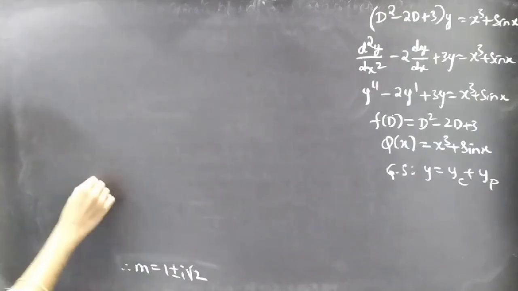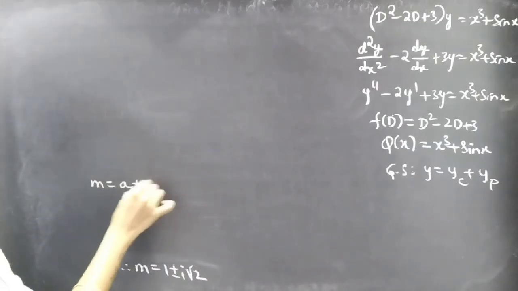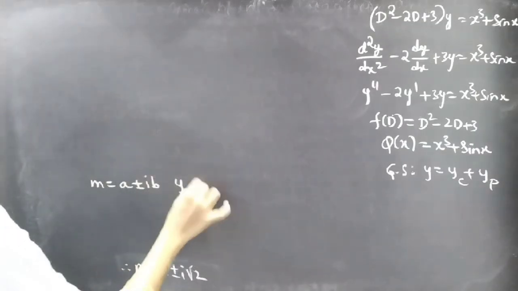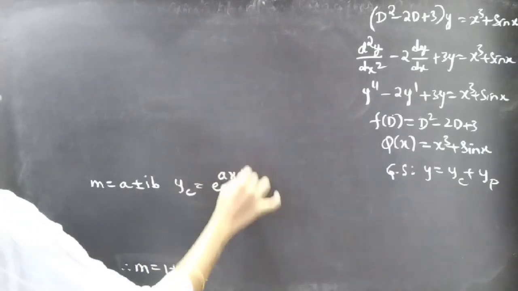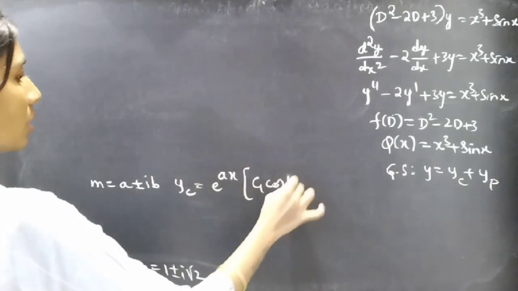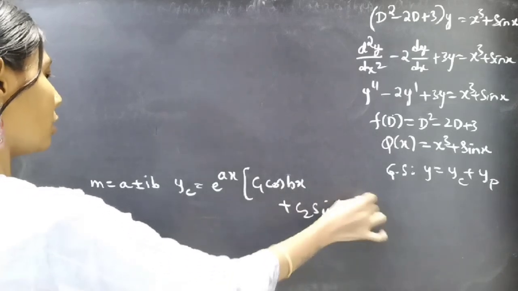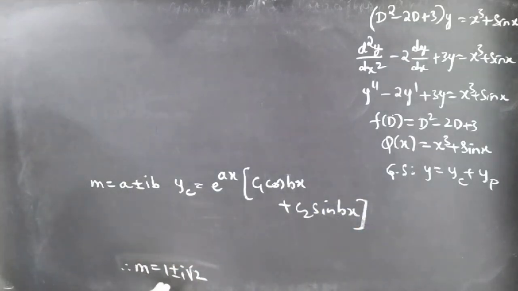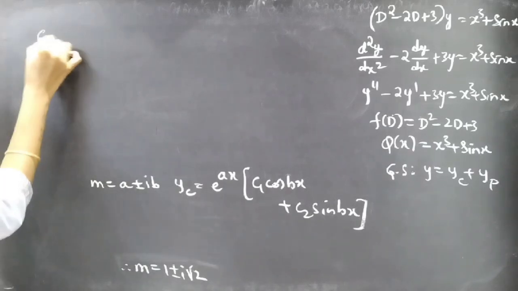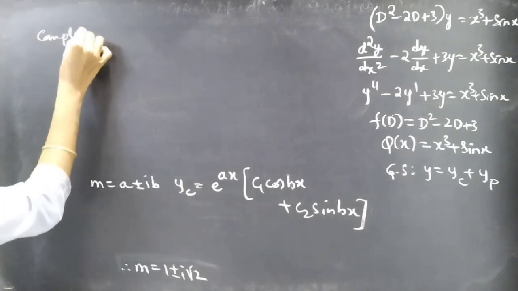We know that when m = a ± ib, yc looks like e^(ax) (c1 cos bx + c2 sin bx). Now compare the roots with a ± ib, then we'll get the complementary function to our problem.